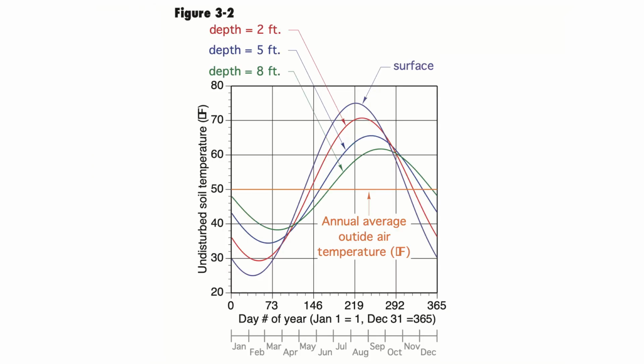Figure 3-2 shows the average surface temperature for depths of 2 feet, 5 feet, and 8 feet below grade. Obviously, the deeper you go, the warmer the temperature during the winter months, and the better the performance of a ground source heat pump.